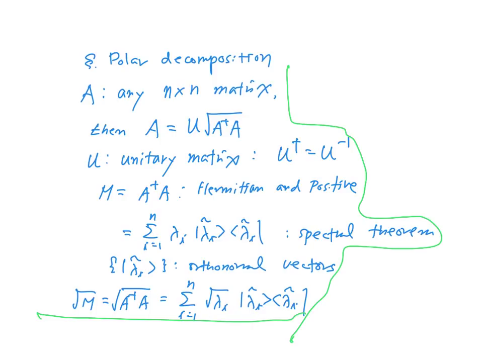So we define a new vector, say φ_i, by multiplying A with λ_i tilde. And from this, define a new normalized vector e_i, with the square root of λ_i in the denominator.